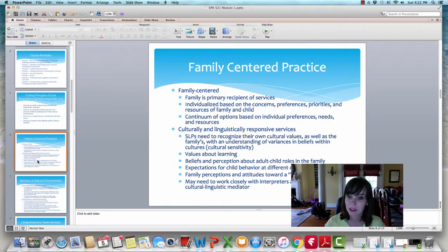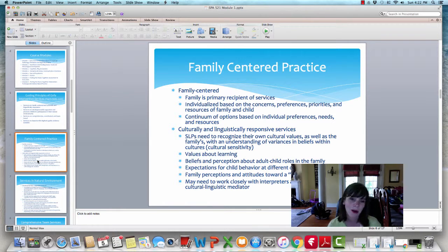There are expectations for child behavior at different developmental levels, and sometimes we have to counsel parents about what the children are doing, although they might be a certain age, in comparison to their cognitive and linguistic ability, and what is developmentally appropriate. So what behaviors are okay for, say, a 6-month-old or 1-year-old if the child is functioning on a lower level because of prematurity or high-risk factors, their delayed development?